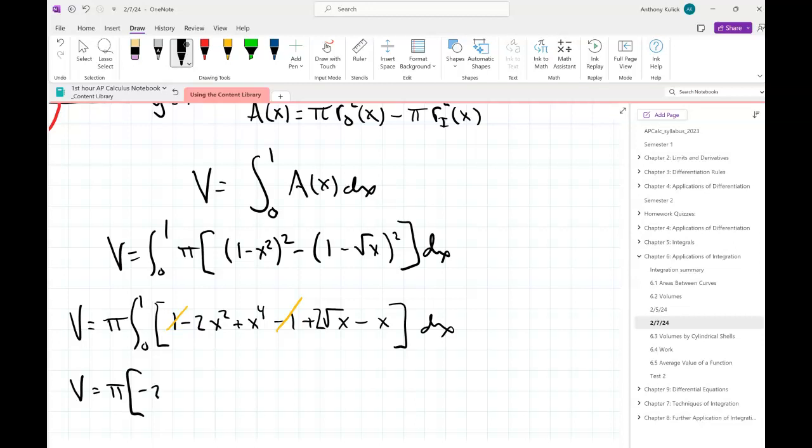The antiderivative of x squared. Antiderivative of x to the 4th. Antiderivative of x to the 1/2. And antiderivative of x.